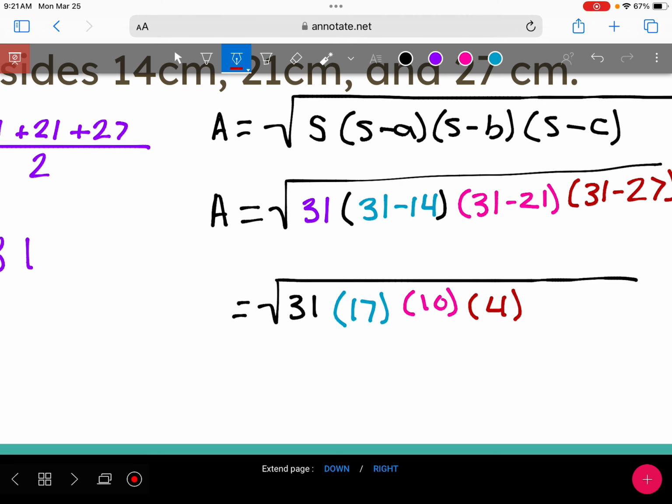That is significantly easier to type in the calculator accurately. If we keep going and simplify it, we have the square root of 21,080.